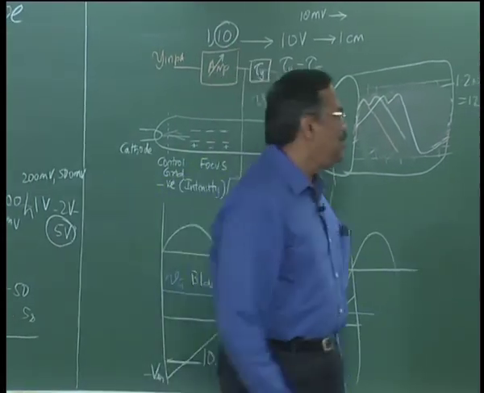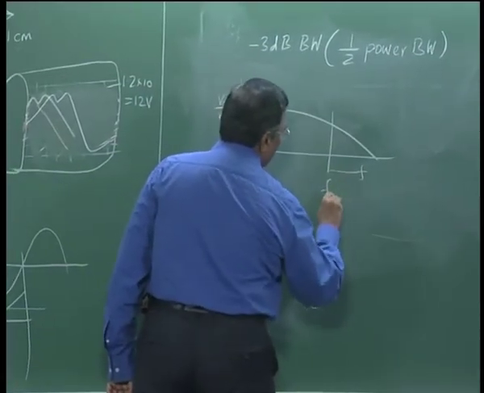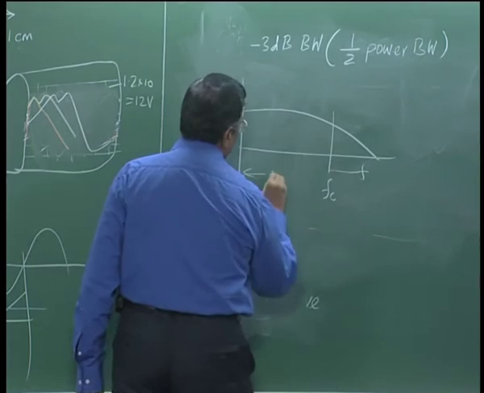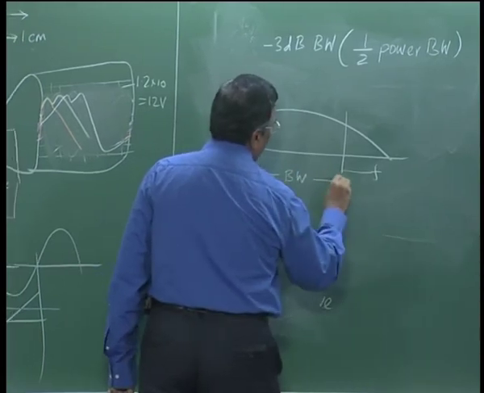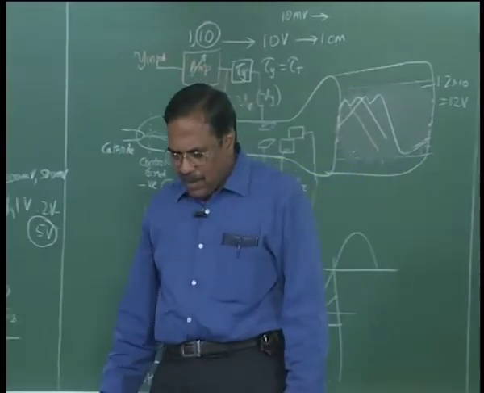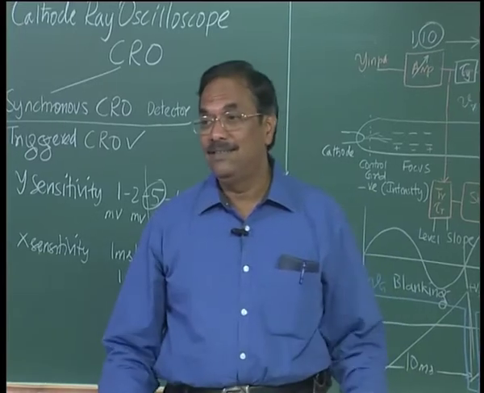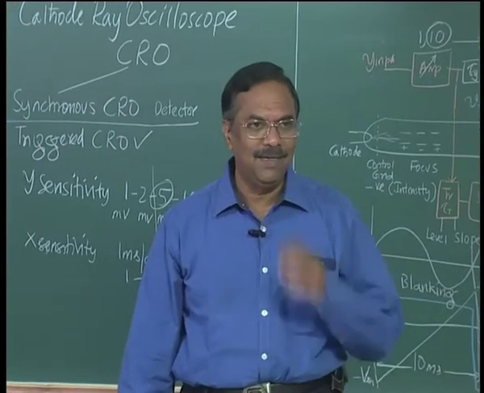So we have to choose a cutoff frequency, and this we declare is the bandwidth of the amplifier. We must be fair enough in deciding this cutoff frequency.